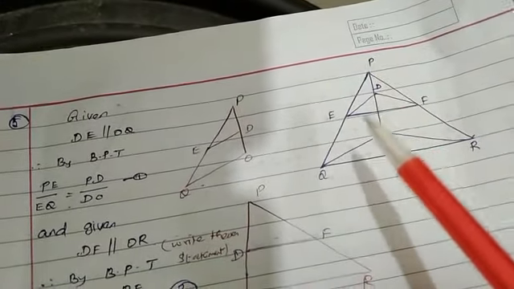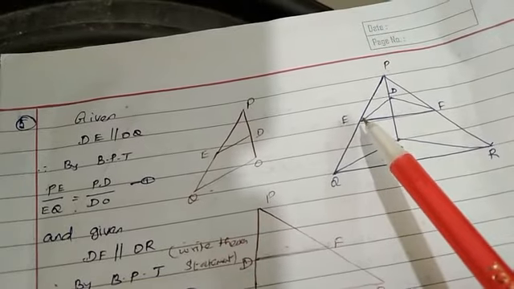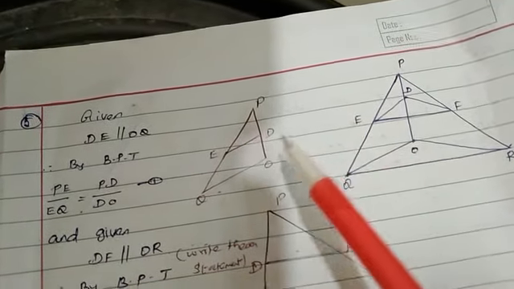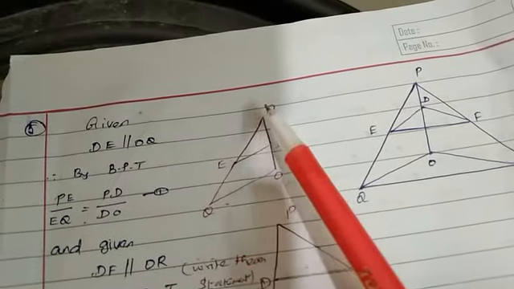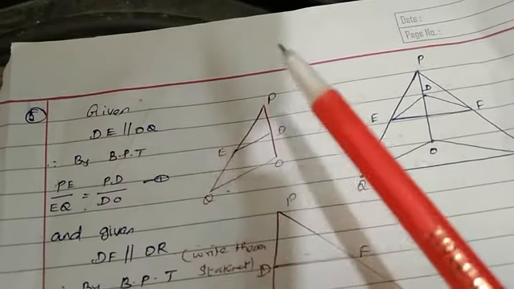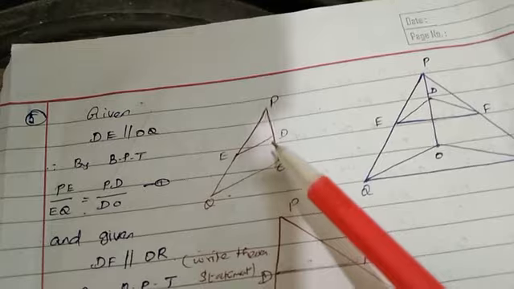So now consider the triangle PQO. Here, given ED is a line parallel to OQ. So using this basic proportionality theorem, we can write PE divided by EQ equal to PD divided by DO.